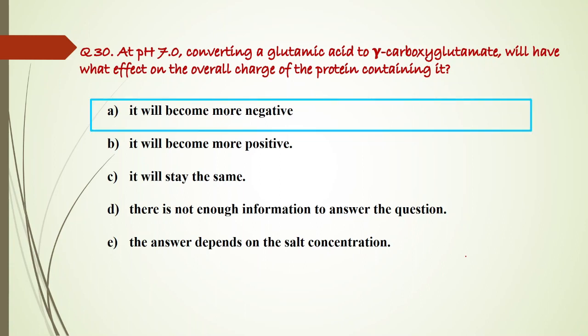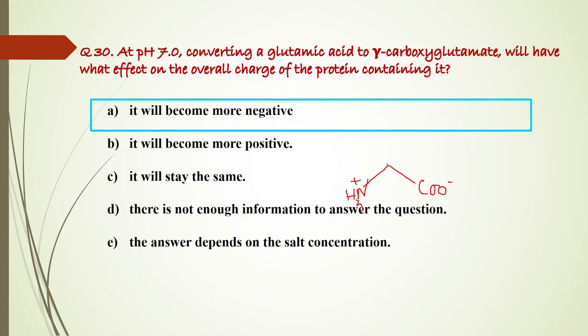So basically you just need to know what structural change happens after you convert glutamic acid to gamma carboxyglutamate. If you look at the structures, suppose it is NH3 plus and this is your COO minus.